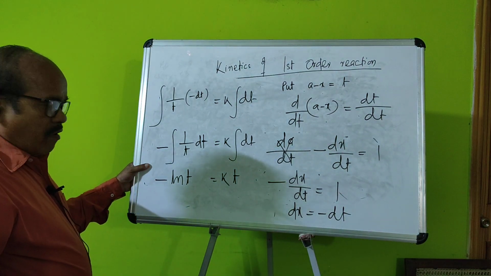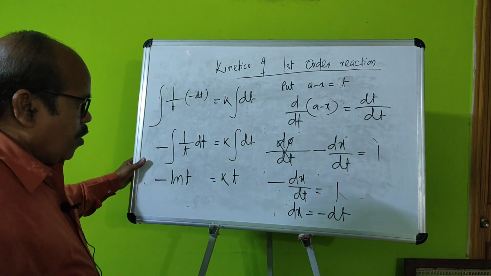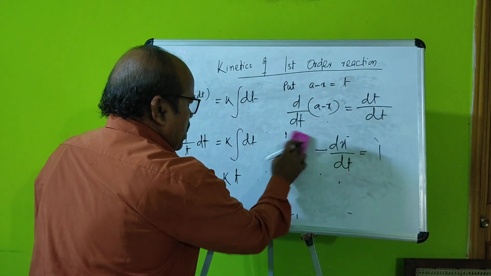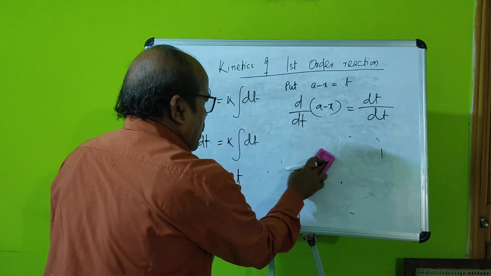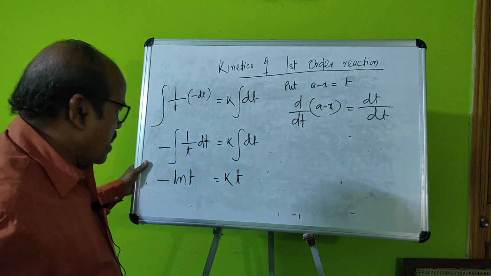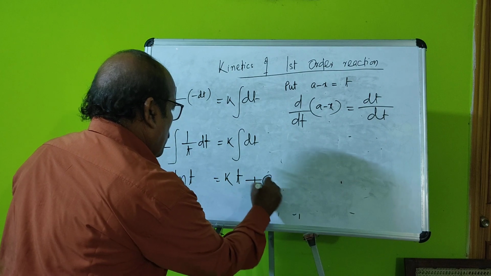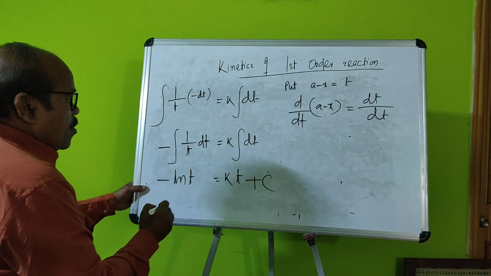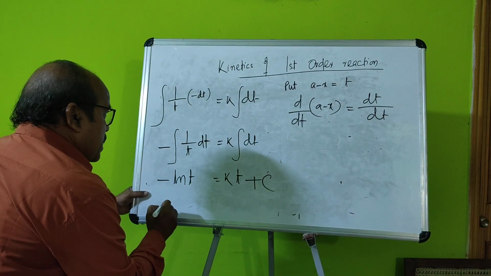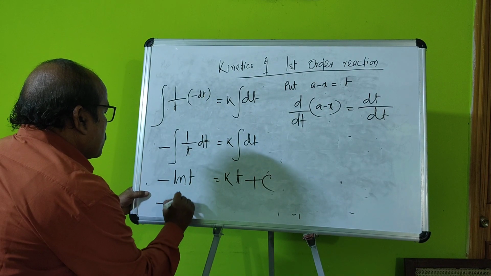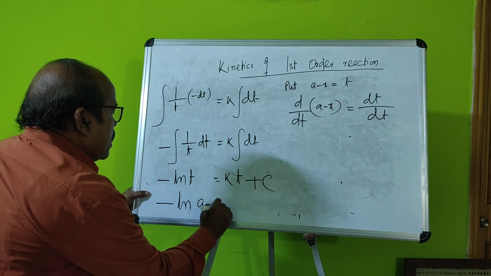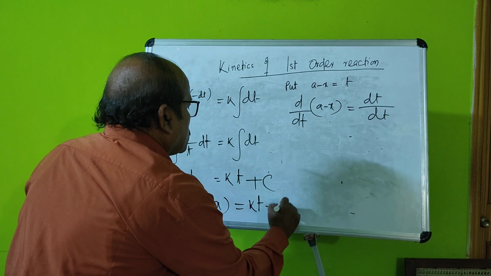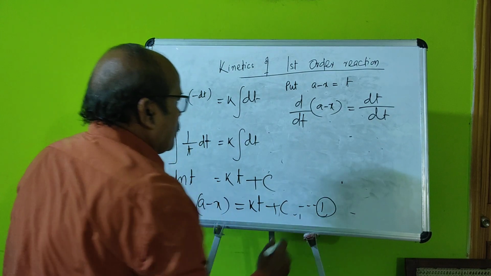When integration is over, I have to put one integration constant, c, where c is equal to the integration constant. Now putting t equal to a minus x, minus ln of a minus x is equal to kt plus c. Let it be equation number 1.